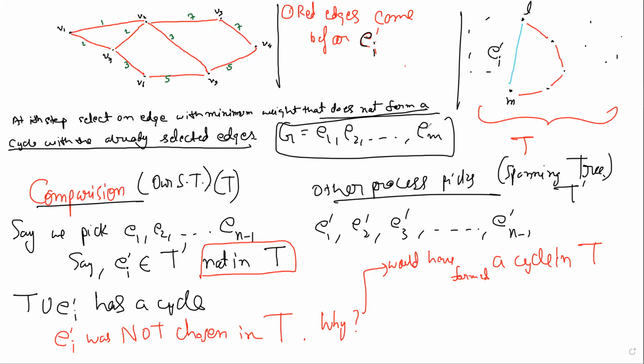But then what? You see, these things came before. So they don't have more weight than E i prime. To say they have lesser weight is wrong; I should say they don't have more weight than E i prime.